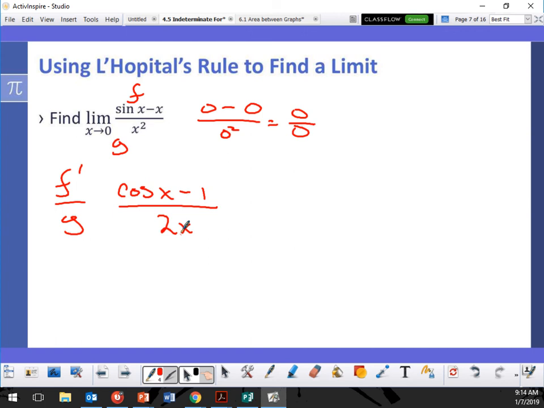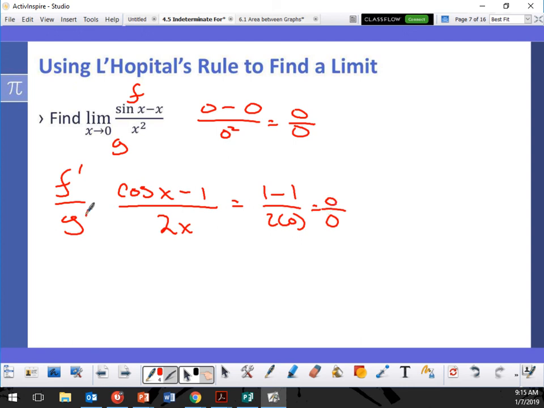Now let's plug in 0. What is cosine at 0? 1. So it's going to be 1 minus 1 over 2 times 0, so it's 0 over 0.